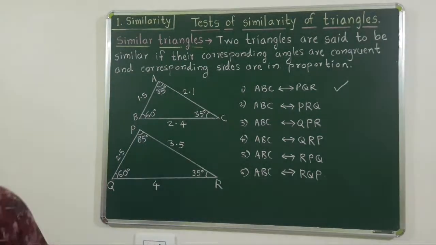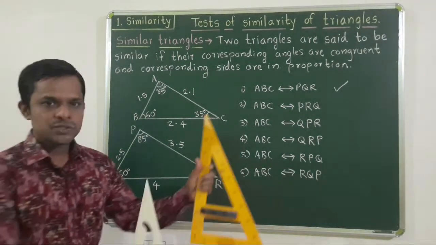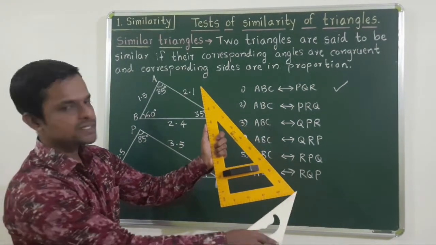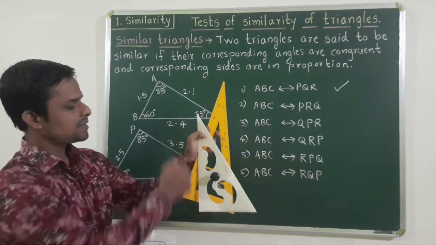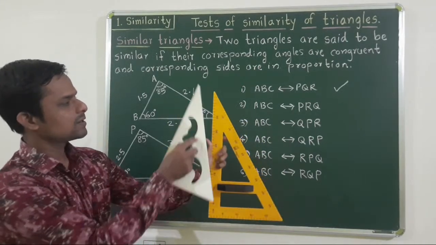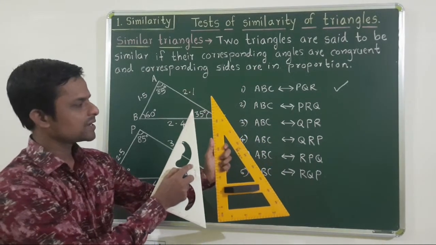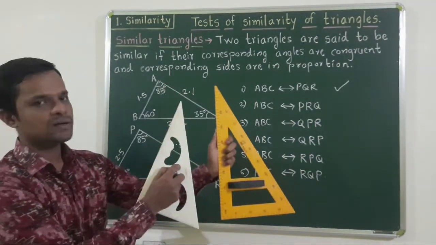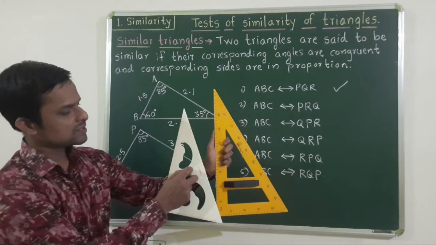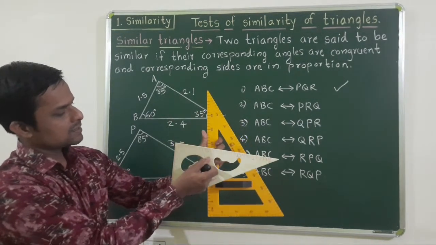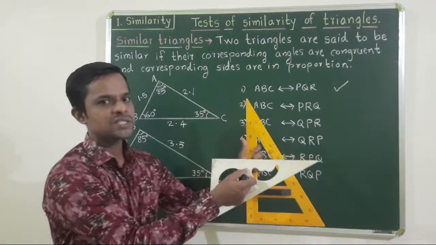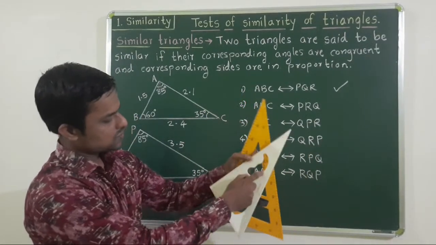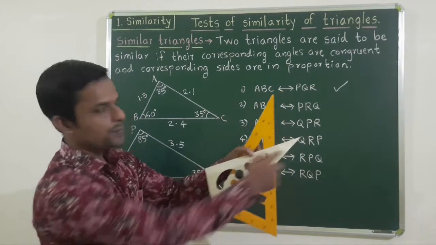Suppose these two triangles are similar, and suppose this point is A, B and C, and this one is P, Q, R. For correspondence between vertices ABC corresponds to PQR, these two triangles are similar. But if I change this triangle like this, then the correspondence will change, that is ABC corresponds to QRP, but that is wrong.